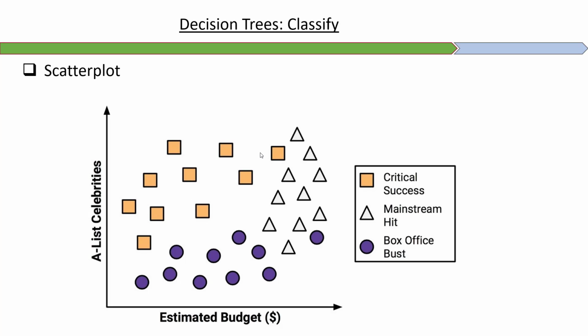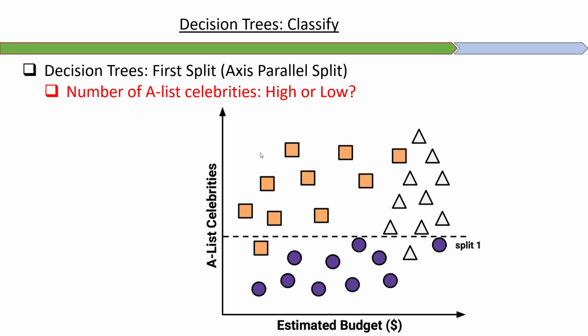For you to visualize the decision tree, the first split that you are going to make is based on the number of A-list celebrities. Is that high or low? You can determine a number and you can use that number. The first split on this graph is made using this dashed line.